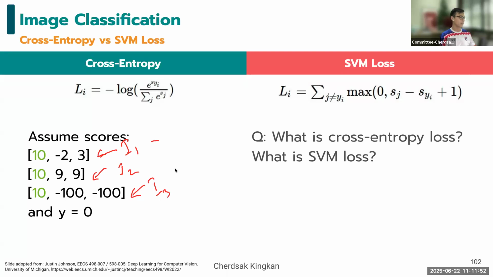These are all class 0, which is the ground truth y equals 0, corresponding to these positions. So the model correctly predicts every image. What is the cross entropy loss and what is the SVM loss for this set of images?